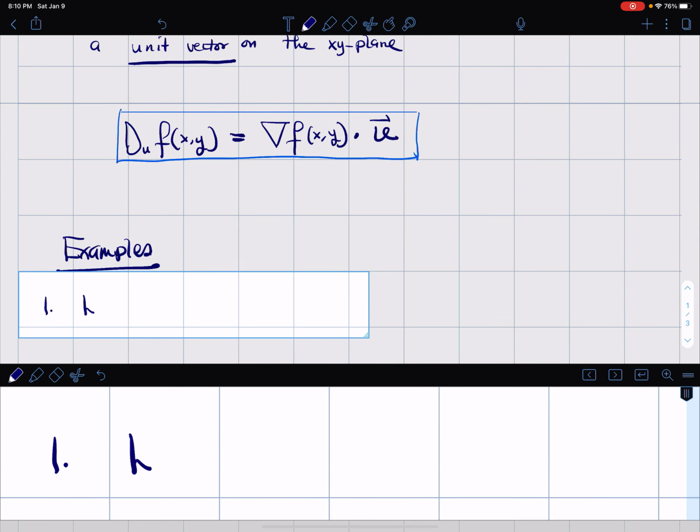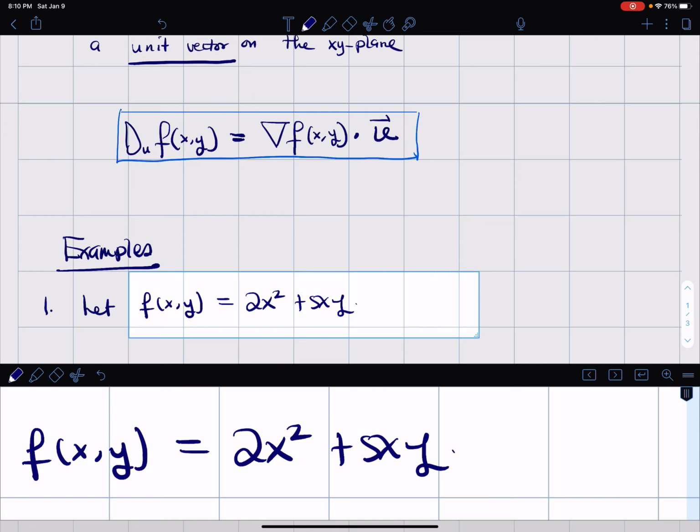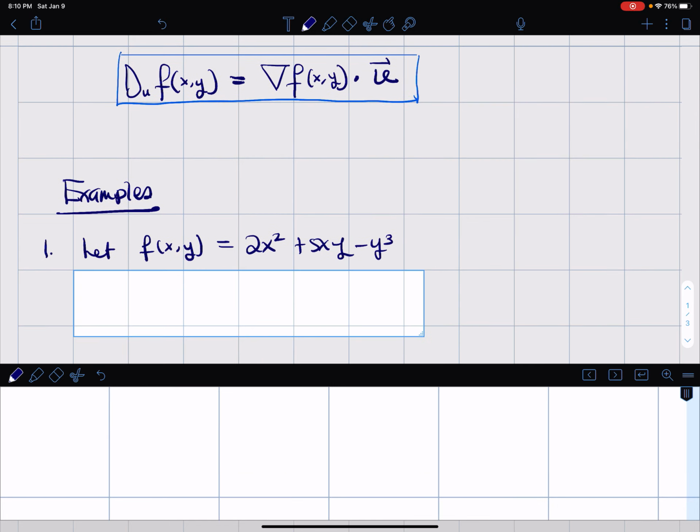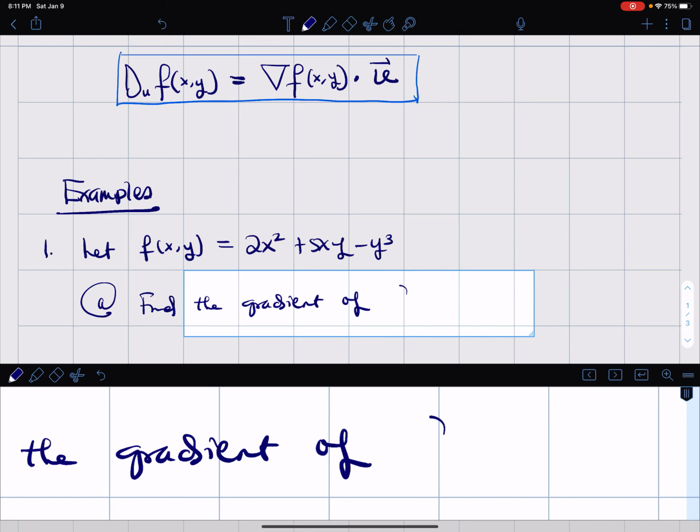First example, let f(x, y) = 2x² + 5xy − y³. The first part, find the gradient of f.